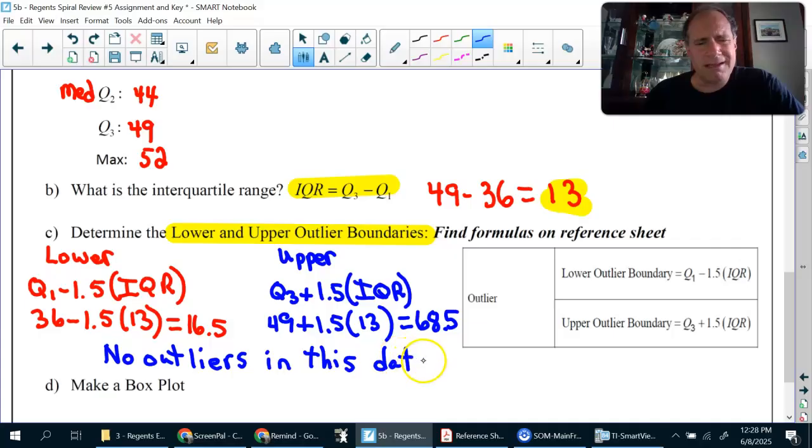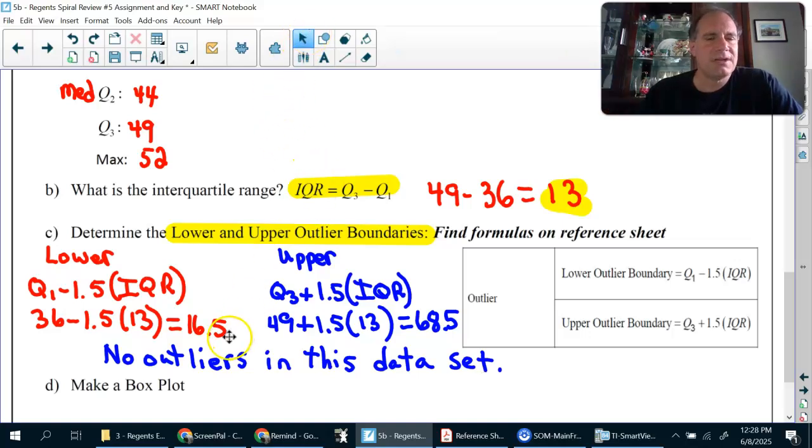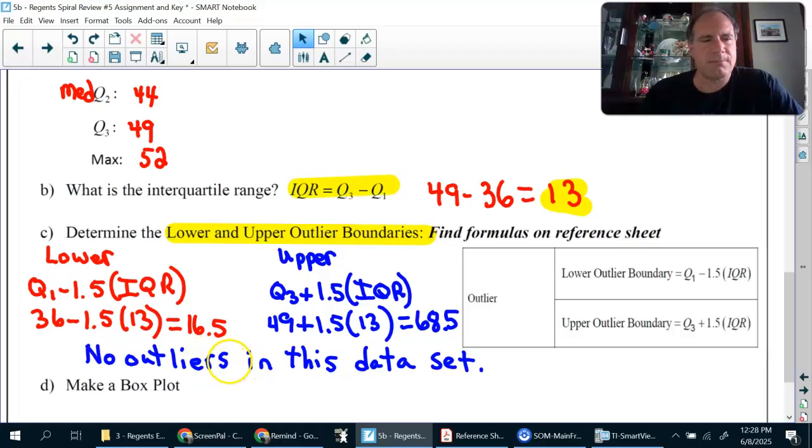And even though they didn't ask you if there were outliers based on the lower and upper outlier boundaries, they could. Because that's what this is used for. When we looked at a data set and we just asked you, are there any outliers, you'd say, oh yes, there's a number that does not belong.